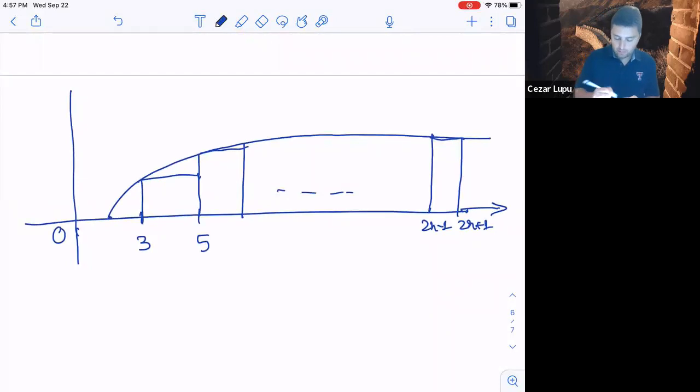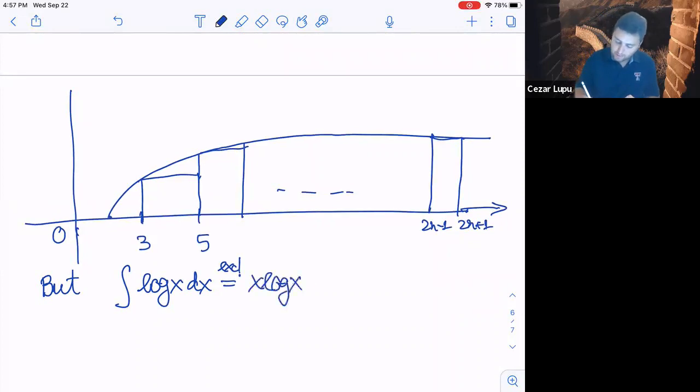So now the only thing we need to observe is that if we compute the integral of log of x dx by using integration by parts, and we'll leave this to you as an exercise, it's pretty standard in calculus. This is x log x minus x plus a constant. Sorry, I forgot the minus x. Just integration by parts.